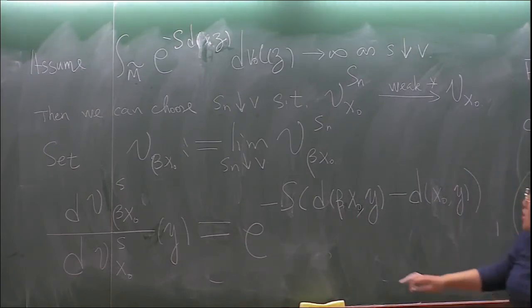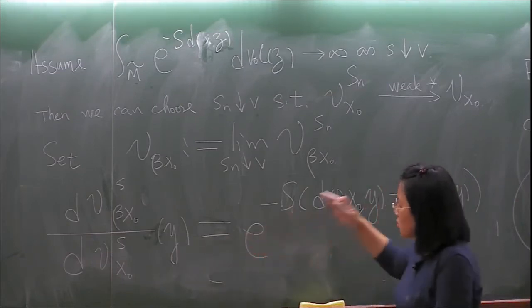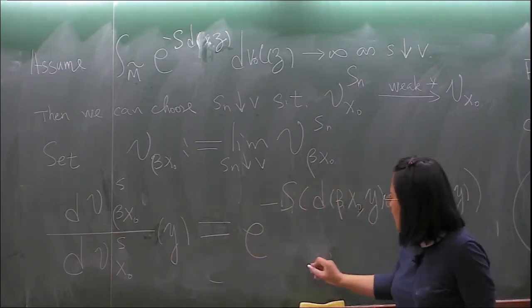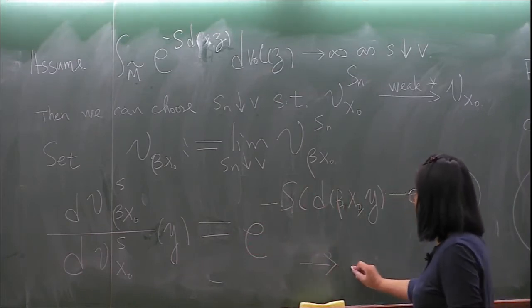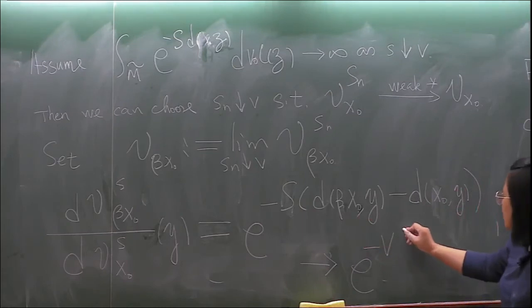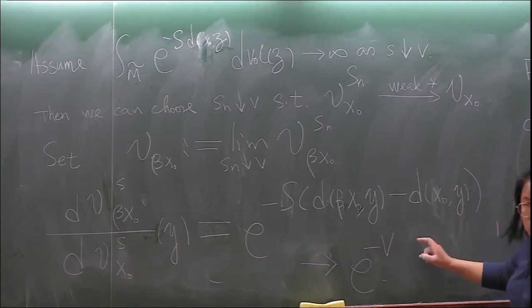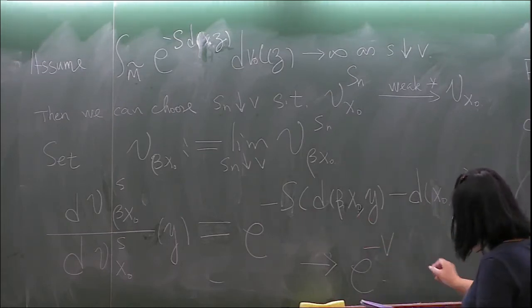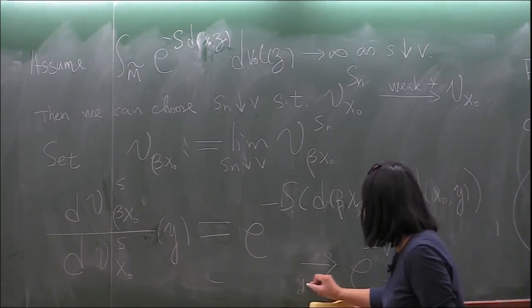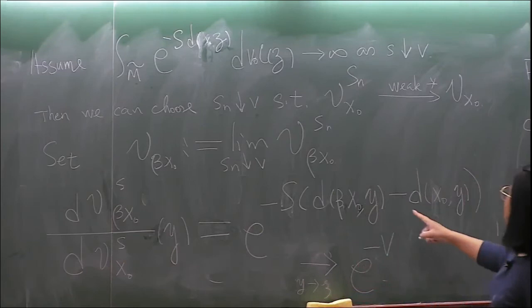Okay? So you see if this y goes to the boundary and also this s goes to v, this one will converge to what? e to the power minus v, and this is exactly the Busemann function, right? This is the Busemann function. So if this y goes to the boundary, right?